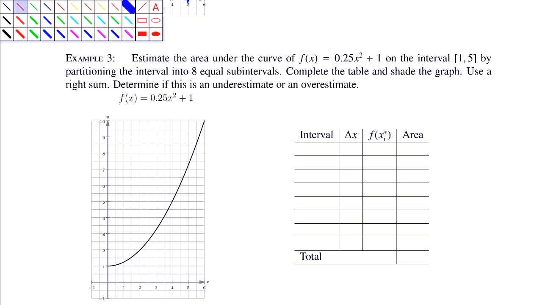Would you like to see another shortcut while we're on the topic here? Have you figured out what delta x is? 0.5. All right. So if you go down to y2, we can tell it to do 0.5 times the height function. That would be 0.5 times, and then we can call up y1. Y1 is the height function.